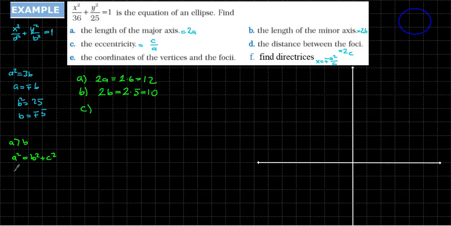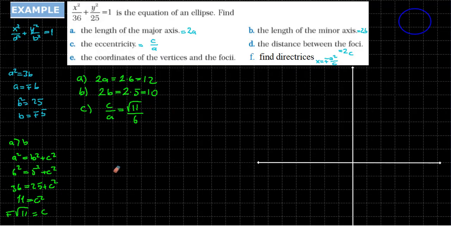So a is equal to 6, 6 squared is equal to 5 squared plus c squared, 36 is equal to 25 plus c squared, and 11 is equal to c squared, so c is equal to plus or minus root of 11. For the eccentricity we should choose the positive one. c over a is equal to root of 11 over 6. Actually we cannot simplify this, so the value is root 11 over 6.